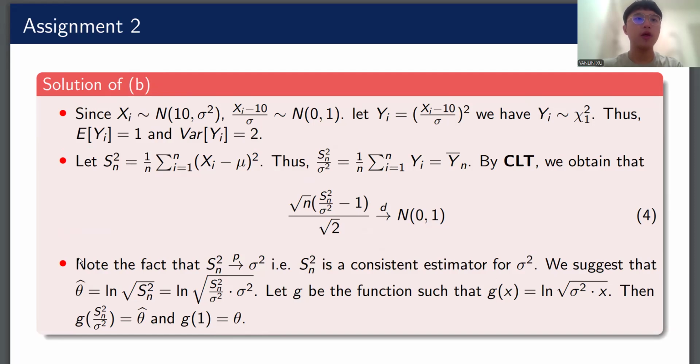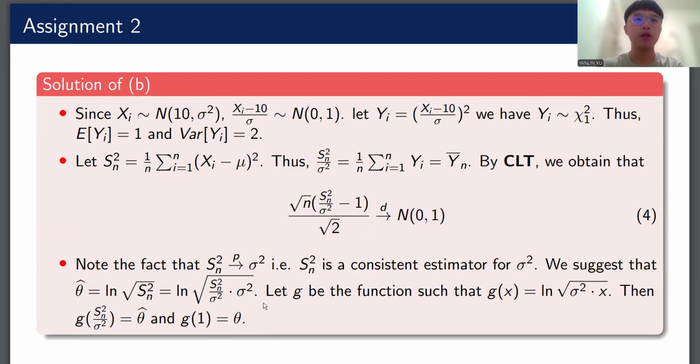And we have already learned that this thing converges in probability to the variance. So we may suggest it to be the estimator of the variance. And then we can suggest the estimator of theta to be log of the square root of this thing.